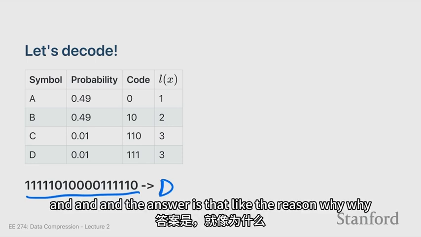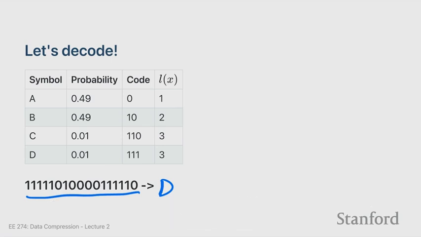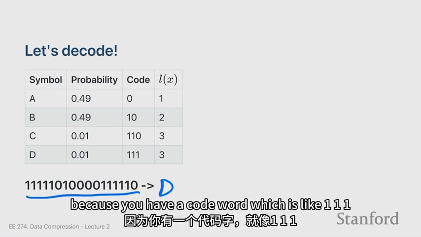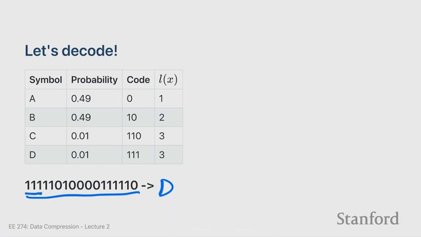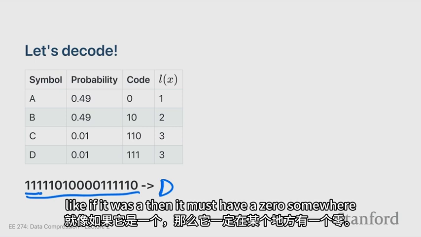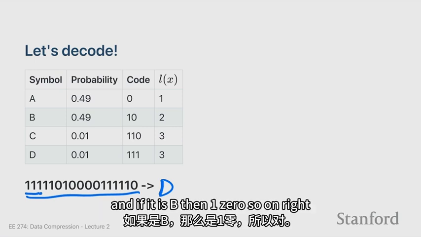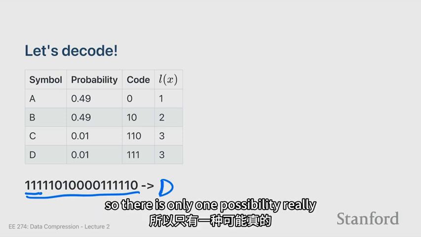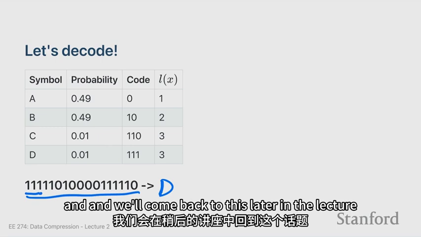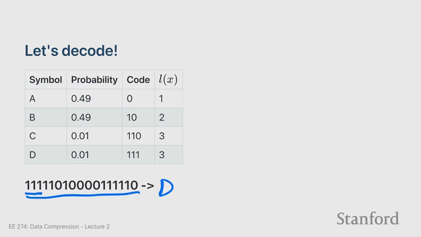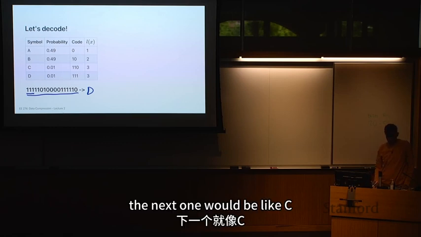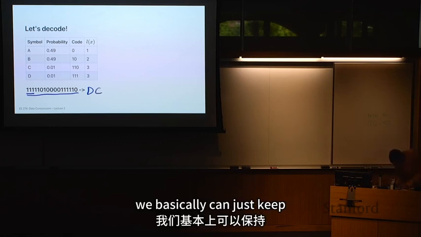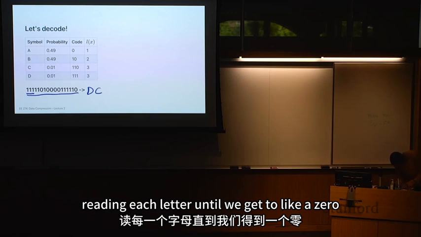Right, and the reason why it can only be D is because you have a code word which is 111. If it was A, then it must have a 0 somewhere, and if it is B, then 10, and so on. So there is only one possibility really, and we'll come back to this later in the lecture. The next one. Yes, the next letter would be C, and we basically can just keep reading each letter until we get to a 0.